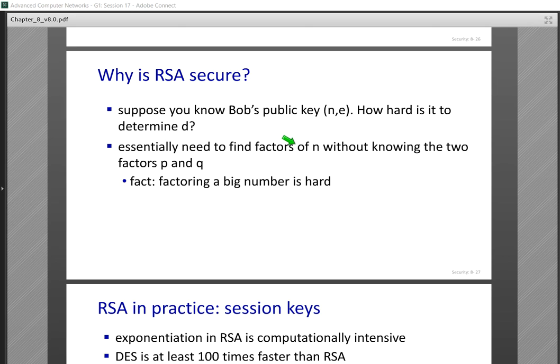It means that the messages encrypted by RSA can be decrypted only by the person who owns the private key.